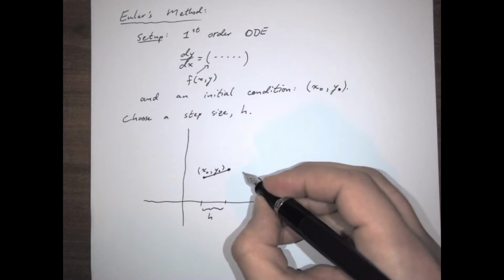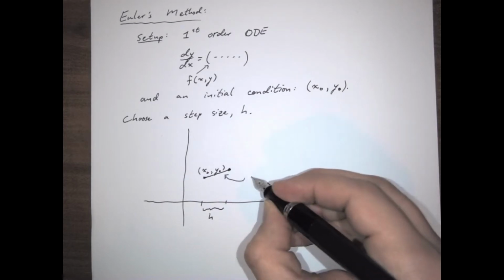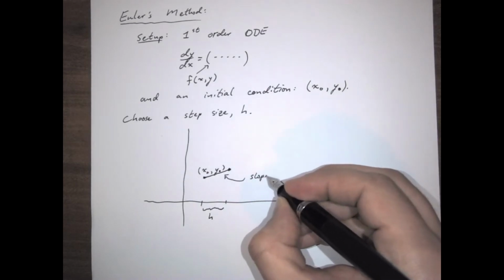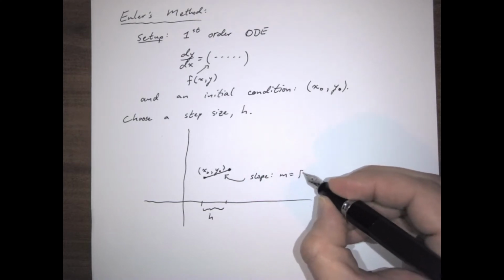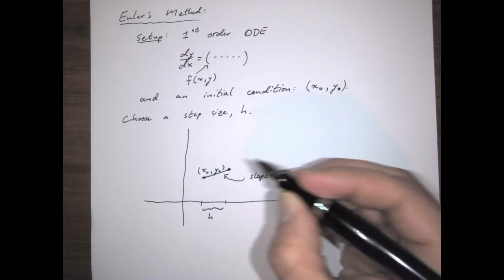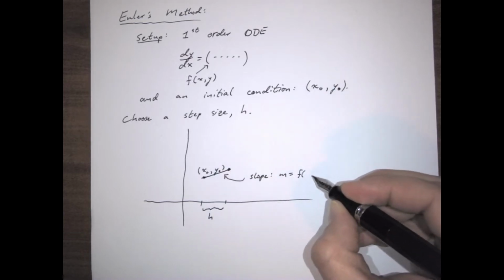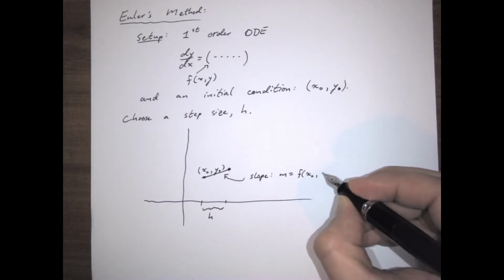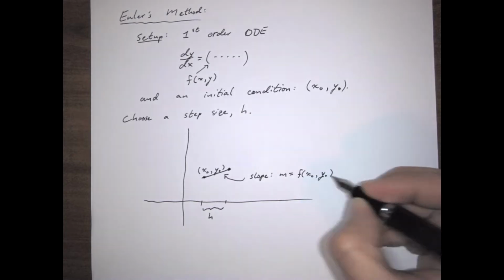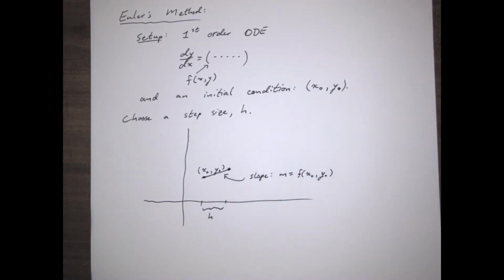Now the slope here would be m equals, and you basically plug the first point that you had into the differential equation, because after all, differential equations give you slopes. They give you the slopes as a function of the x and the y values. Essentially that gives us a way of carrying one value over into the next value.